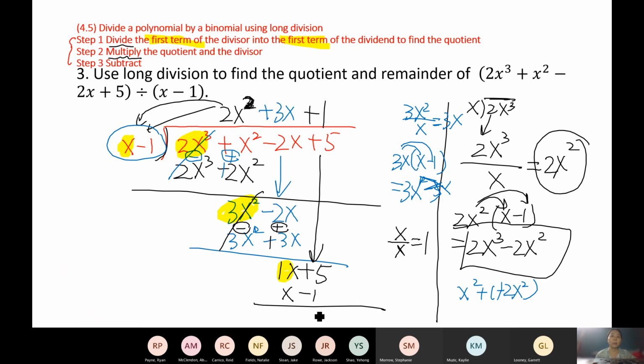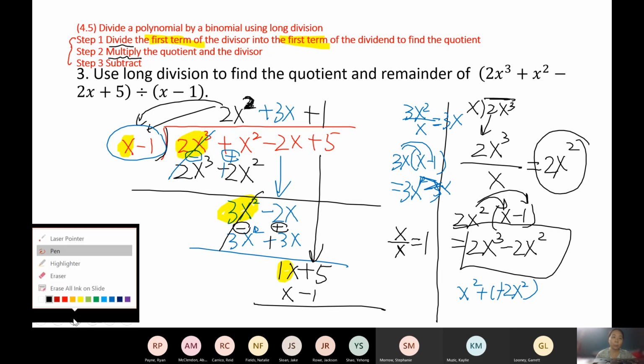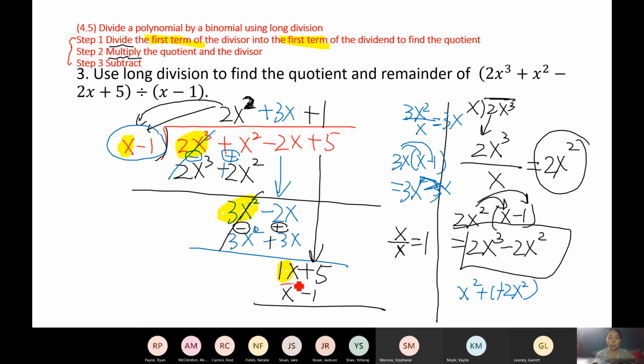So finally, again, it's not a 4. I think there's one student who got everything right except the final step and put the answer 4 there. But remember, we're still doing subtraction. Minus. So you're going to do keep, change. So the remainder should be 6, not 4.